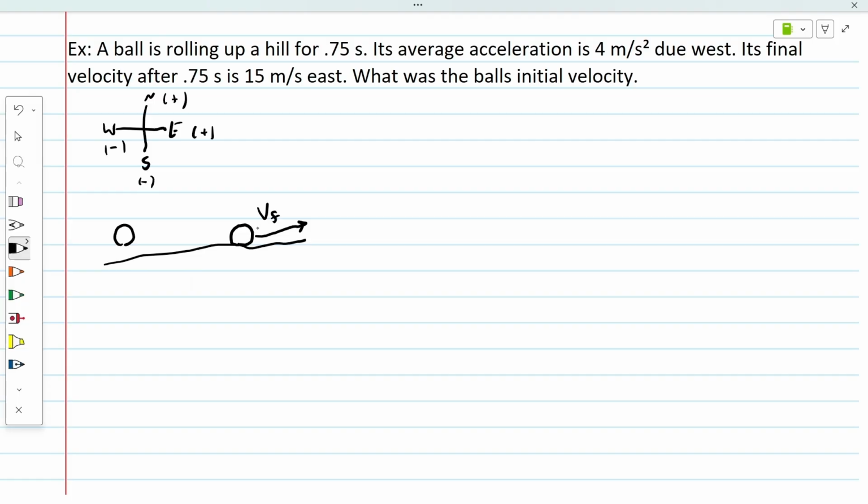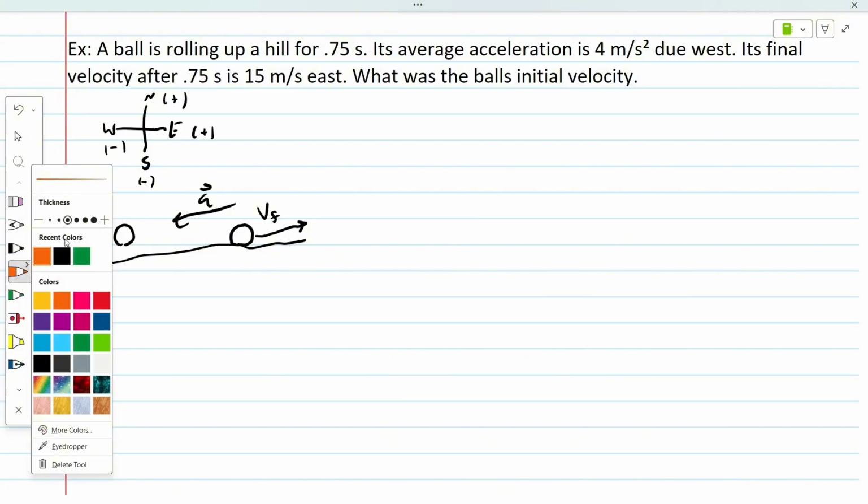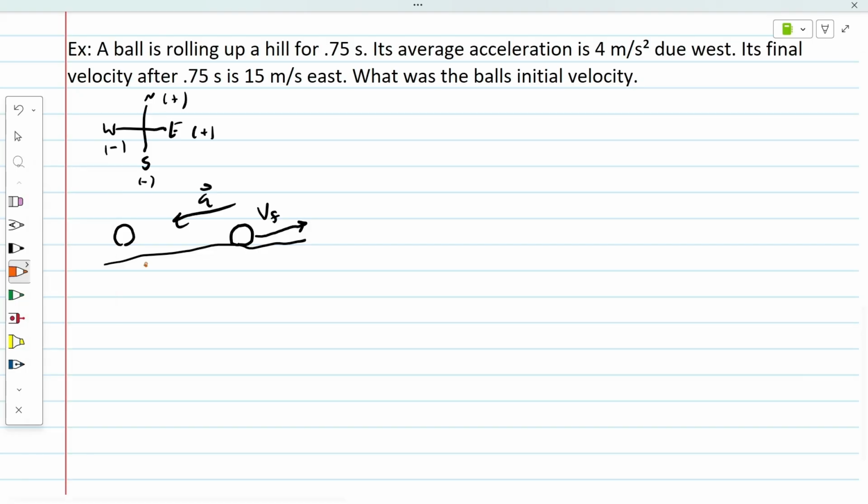And so we know the acceleration is west, so the acceleration on this ball is in that direction. They're in opposite directions. Alright, so let's list out what variables we're given.